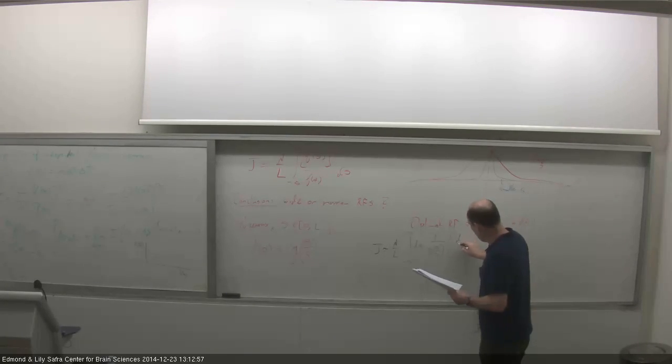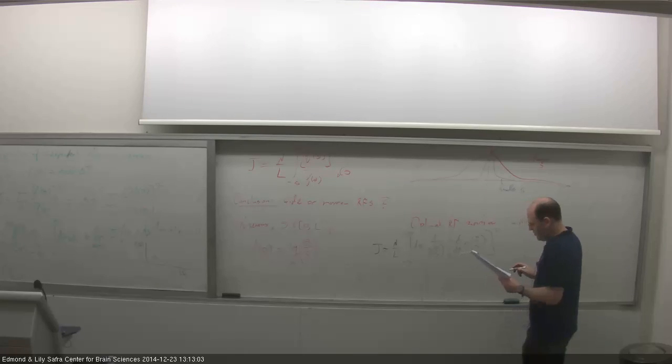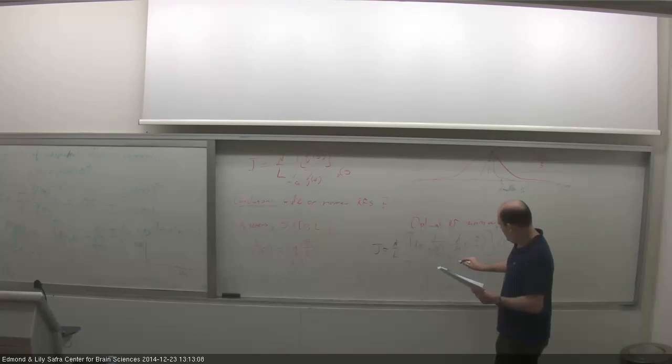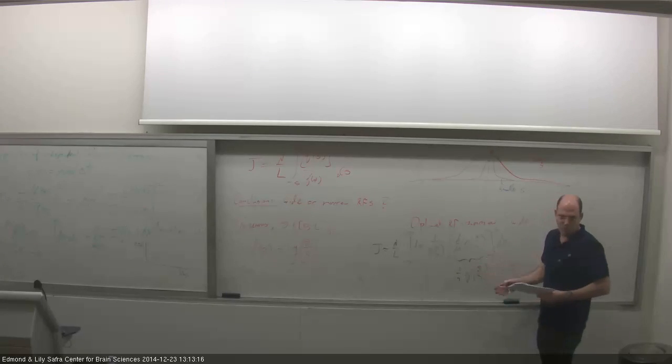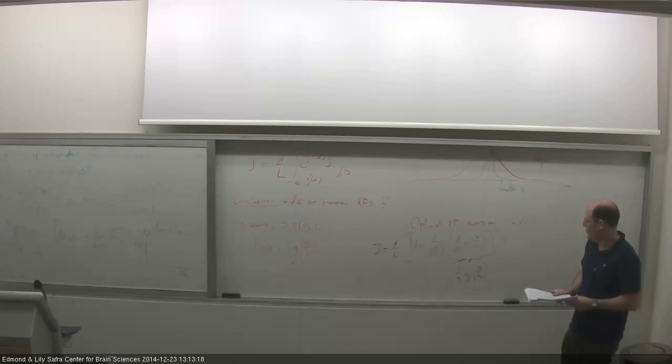Here we have d d theta of g of theta over s, squared. But this is 1 over s g prime of theta over s, right? Just a chain rule for derivatives.